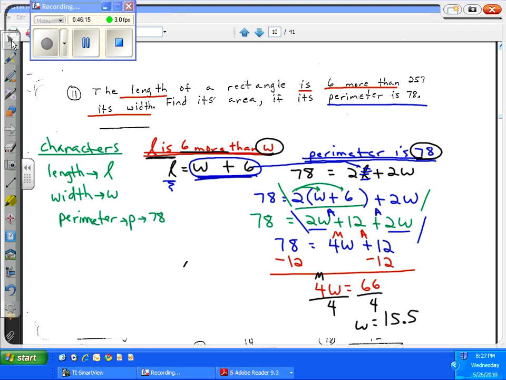We got the 15 and a half. We did 66 divided by 4. It goes 1, 4, with 2 left over, bring down a 6. It'll go 5 times. Whoops. That's a 16 and a half. I don't know if I said 15 or 16.